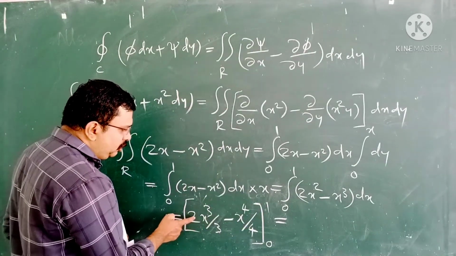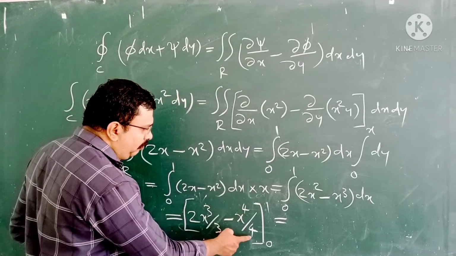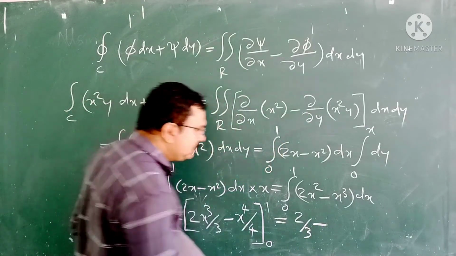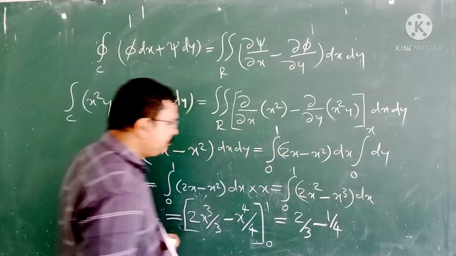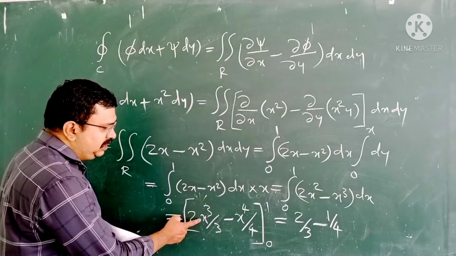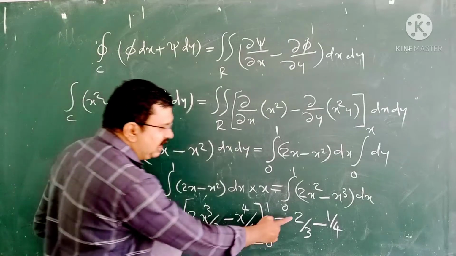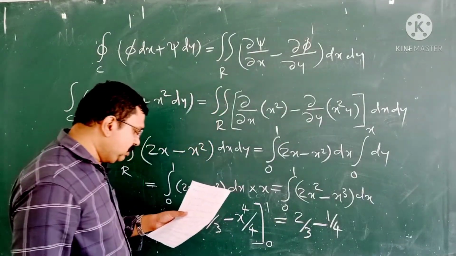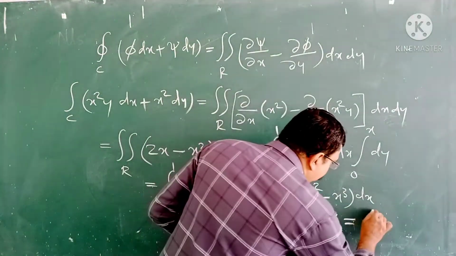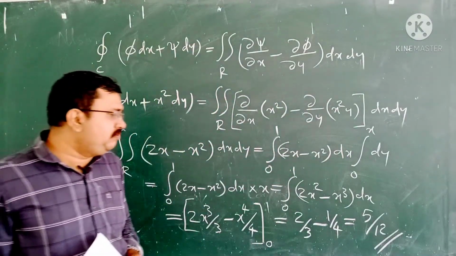Therefore, 2 into 1 cube by 3 minus 1 raised to 4 by 4, that is 2 by 3 minus 1 by 4. Minus, then applying the lower limit, here is 0, here is 0. Therefore, our final answer is 2 by 3 minus 1 by 4, which is equal to 5 by 12. 5 by 12 is our final answer.